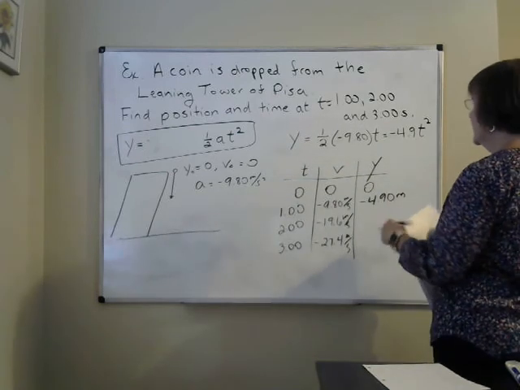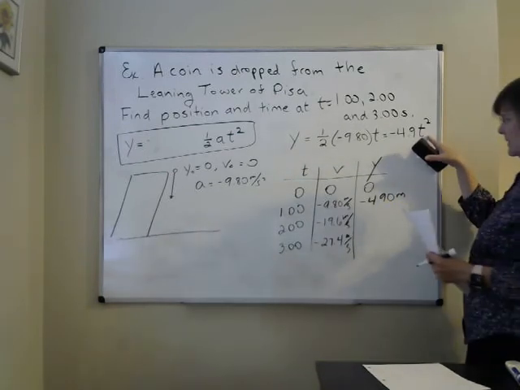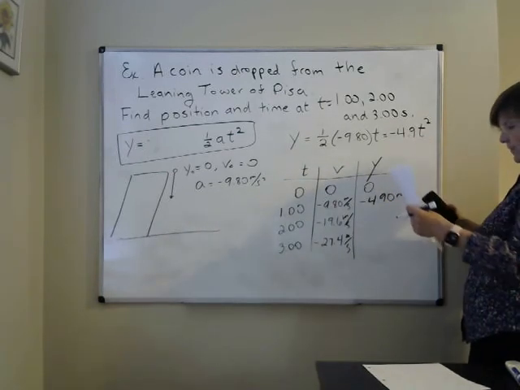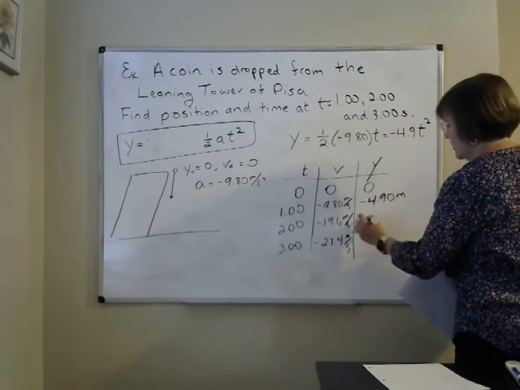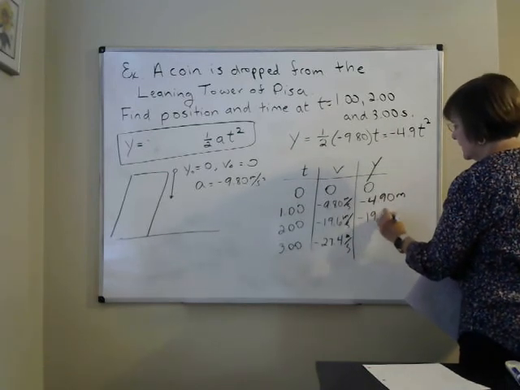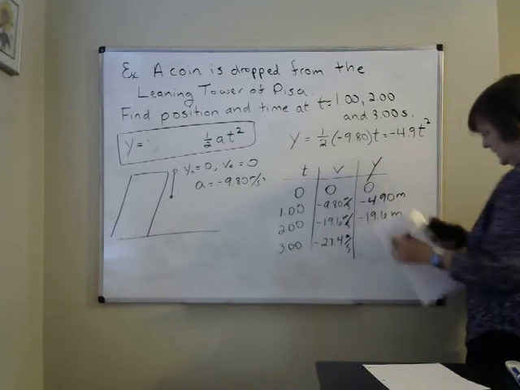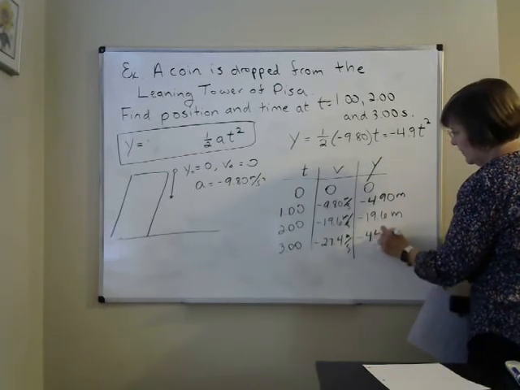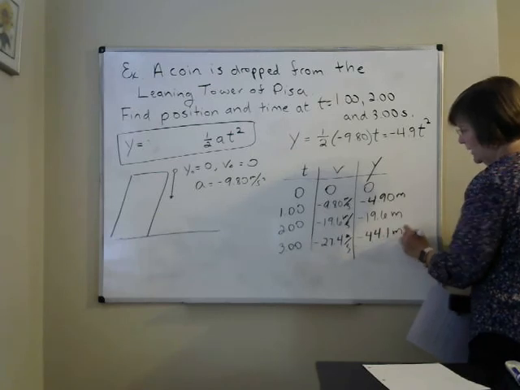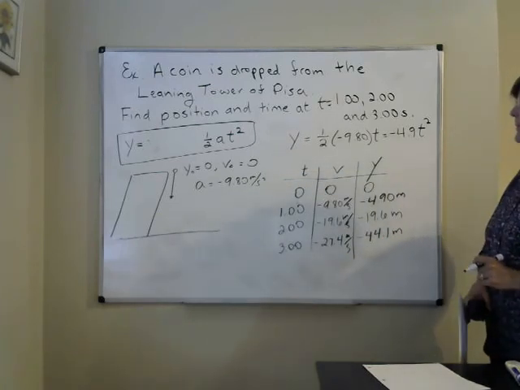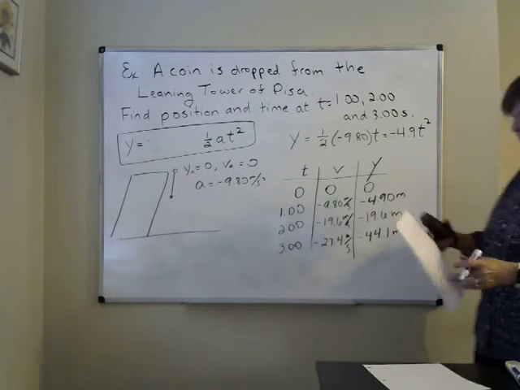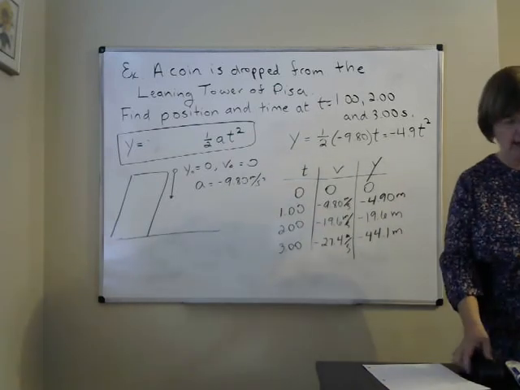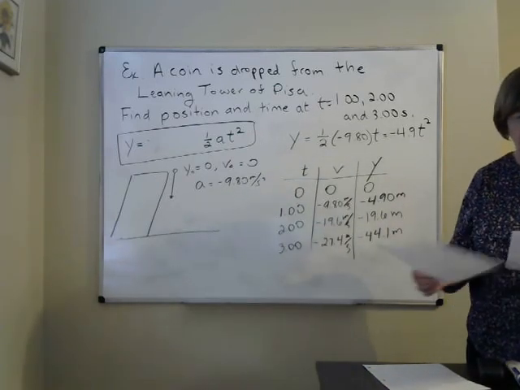If we plug in 2 squared, 4 times negative 4.9, we get negative 19.6 meters. If we plug in 3 squared, we get negative 44.1 meters. Pretty easy. We just needed those same formulas and that constant acceleration.